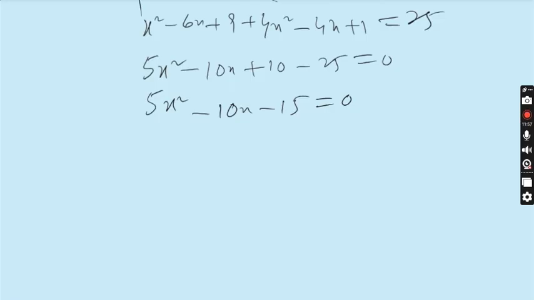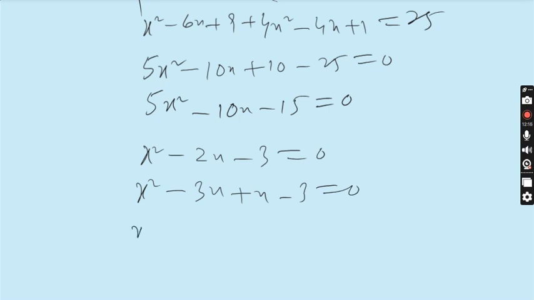Now this equation can easily be reduced if we divide the whole equation by 5. So x² - 2x - 3 = 0. So x² - 3x + x - 3 = 0.